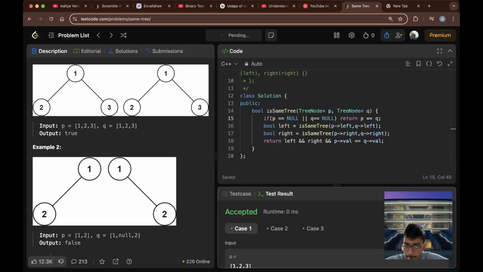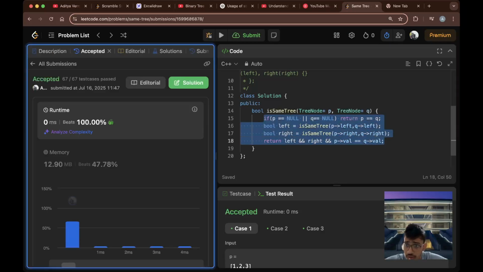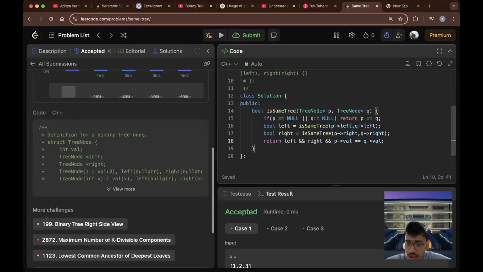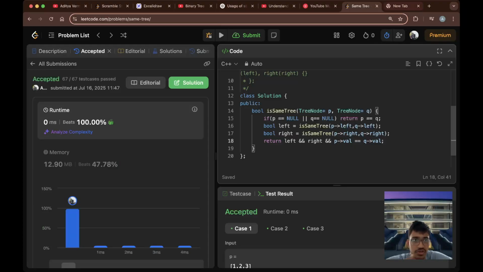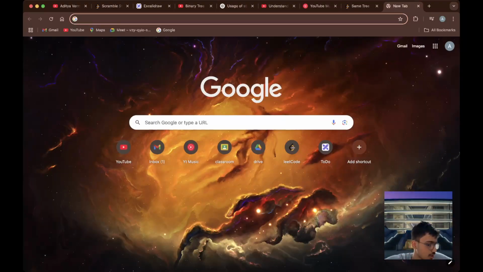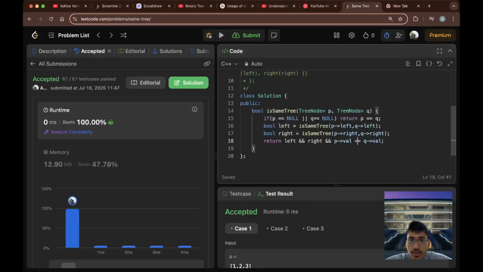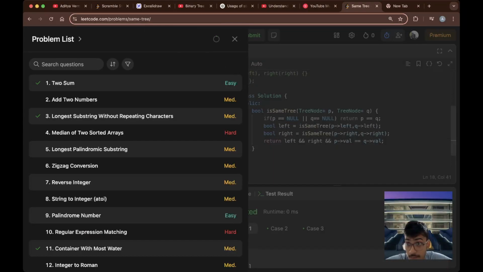Yeah, so pretty simple, pretty straightforward question. It is not that hard a question. Now the LeetCode problem 572. Let's try to solve this.